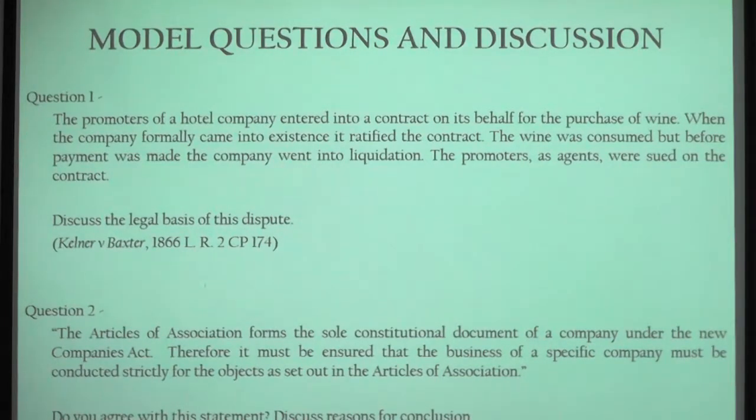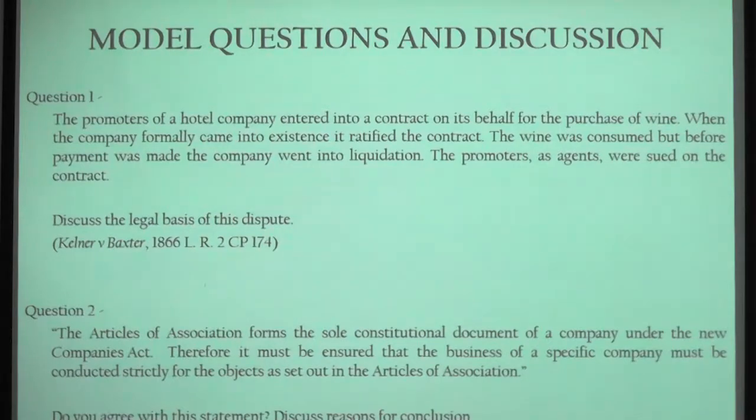Then a matter came up that the company is not liable to pay those creditors, the suppliers, because the pre-incorporation contract was not valid in law. This is exactly what happened in the case of Kelner versus Baxter in 1866.